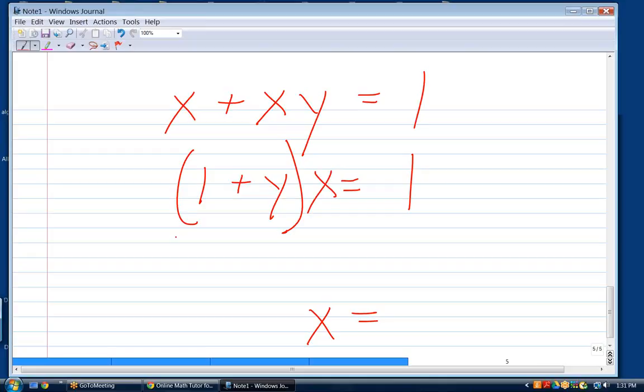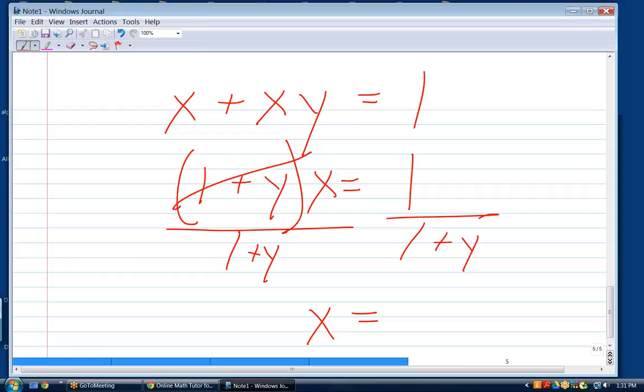In other words, if I take my entire left side and divide it by 1 plus y, and then the entire right side by 1 plus y, this 1 plus y cancels with that 1 plus y, leaving me with x. So the answer is x equals 1 over 1 plus y.